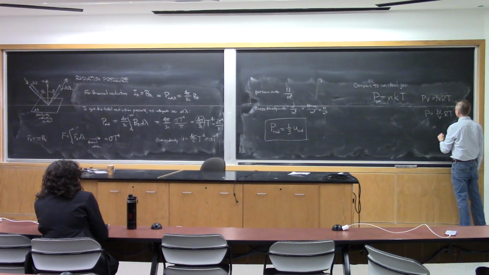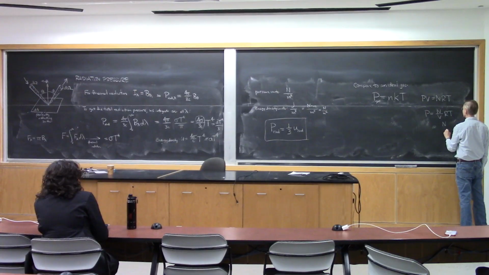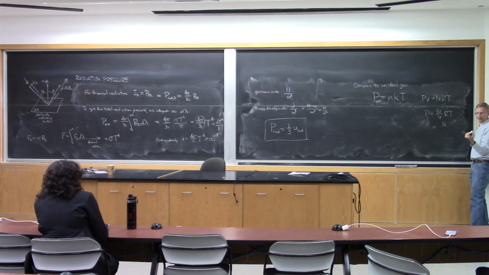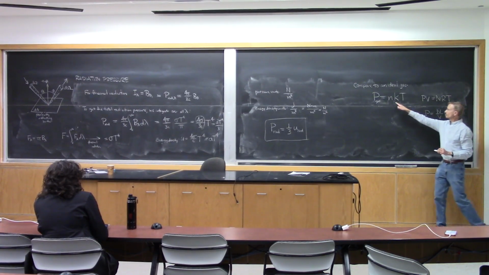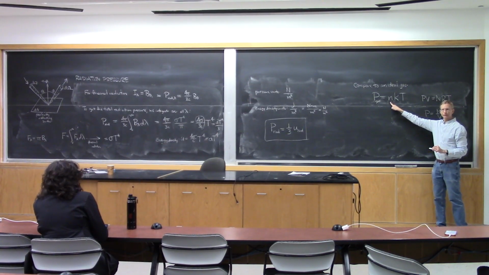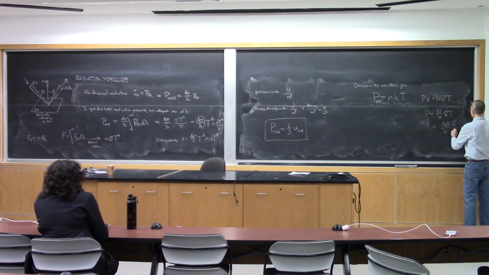But if you take the number of moles and multiply it by Avogadro's number, then that's the number of particles in the box, divided by the volume. That's the number density, the number of particles per cubic meter. So it's N_A n over V RT.